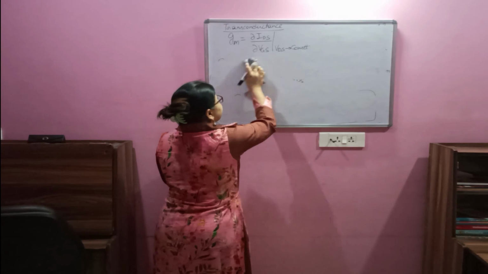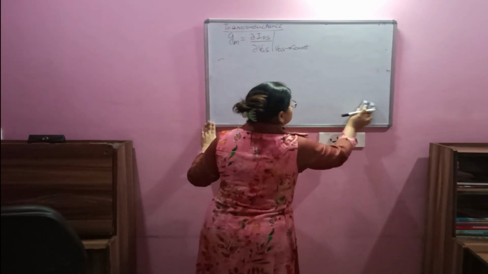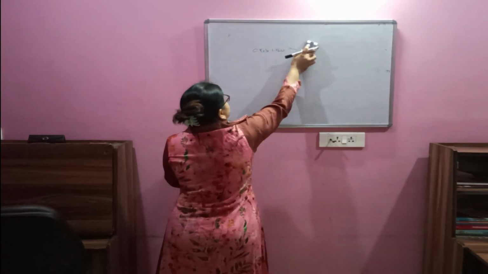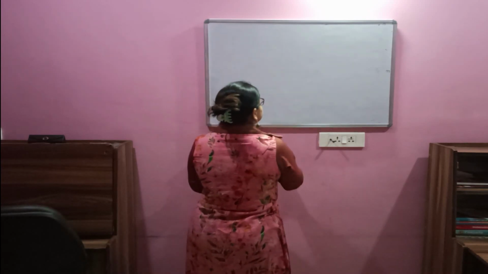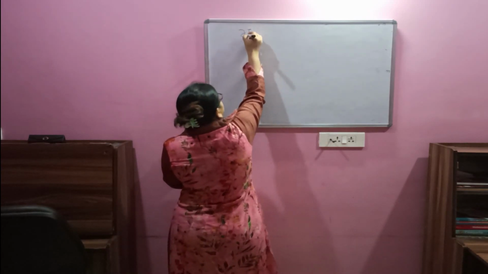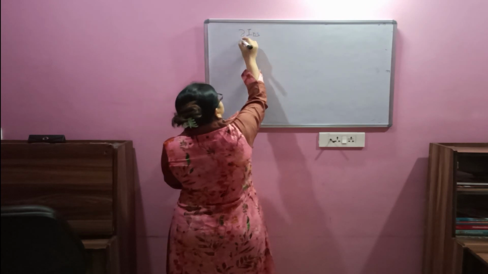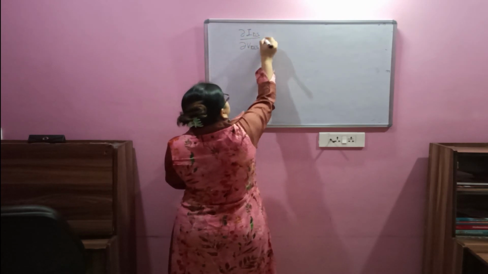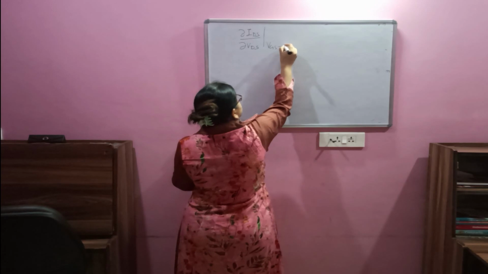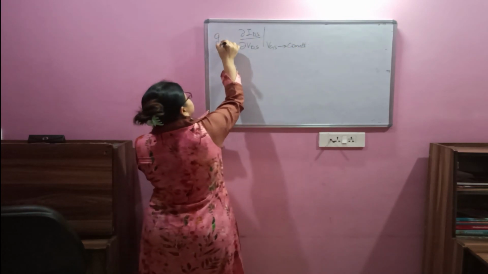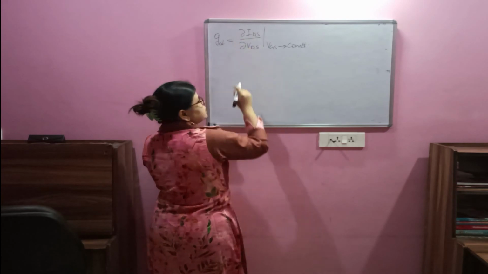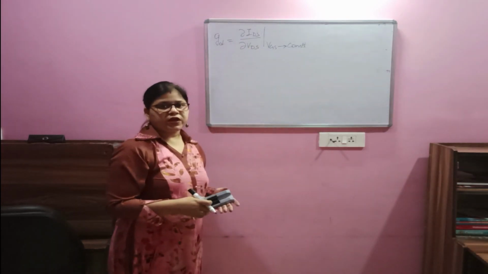Next we have another parameter which we were considering for the calculation of the current equation in the saturation region, that is del IDS upon del VDS, under VGS constant. This is known as the drain conductance, which is the slope of the output characteristic.